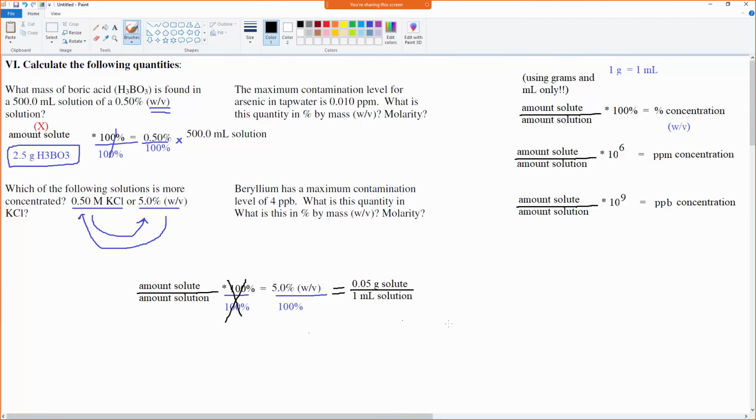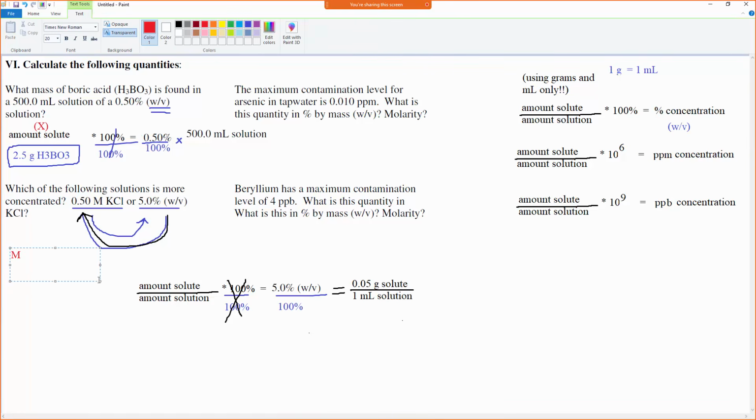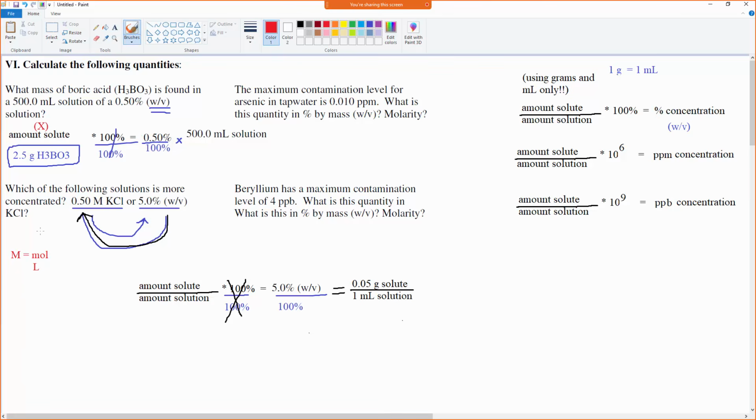We have to go from percentage to molarity. And you guys know molarity is, that capital M is useless. What it really means is moles divided by liters. So to convert this to molarity, I have to convert this from grams and milliliters to moles and liters. And you can totally do that.